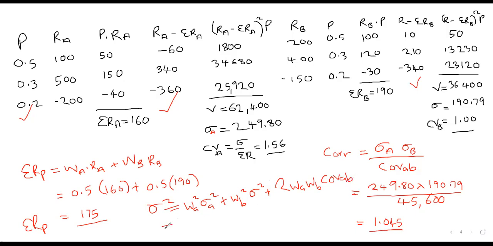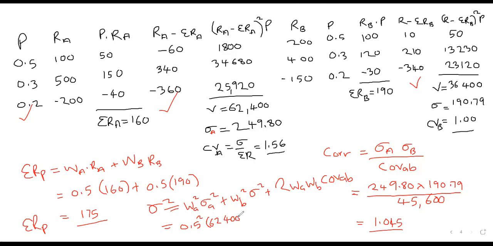So what was our weight for asset A? It was 50%, right? What was the variance for asset A? It was 62,400. I'm not squaring this because I'm getting the variance.